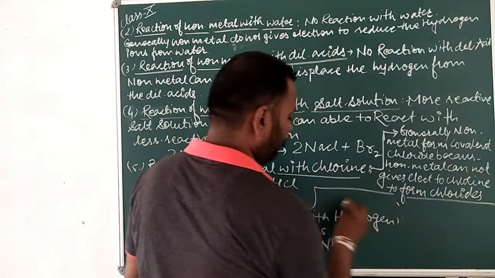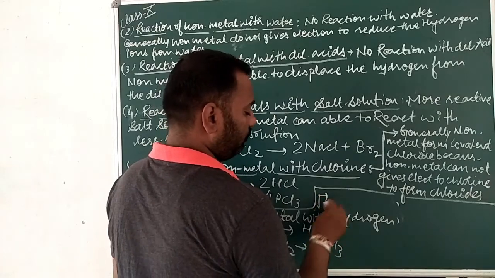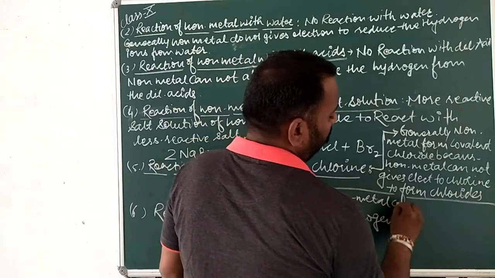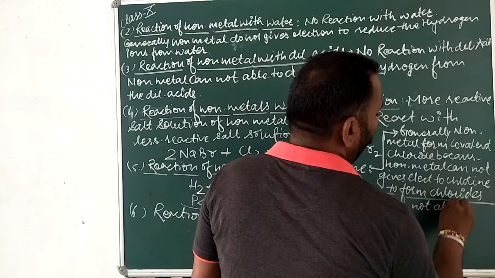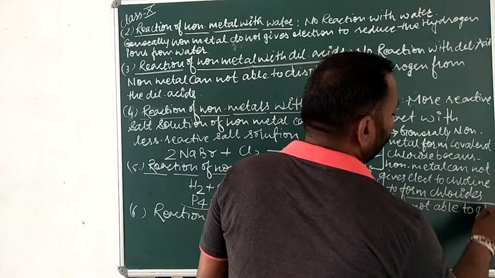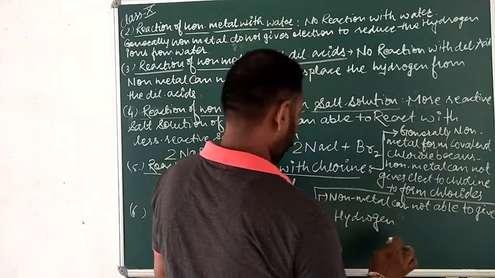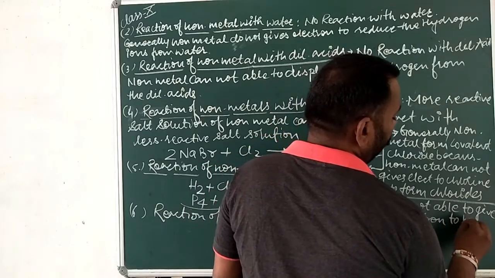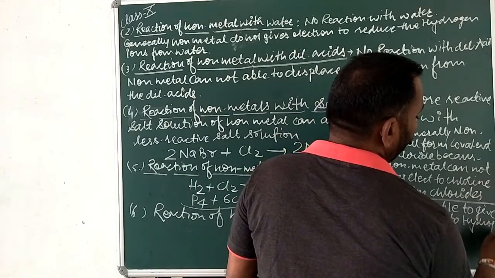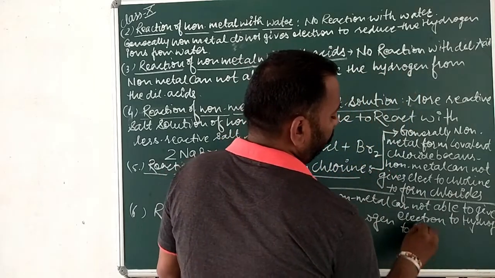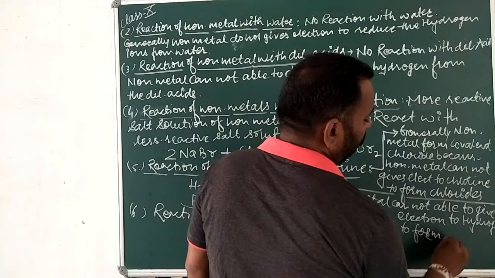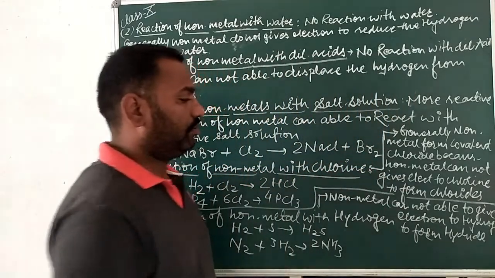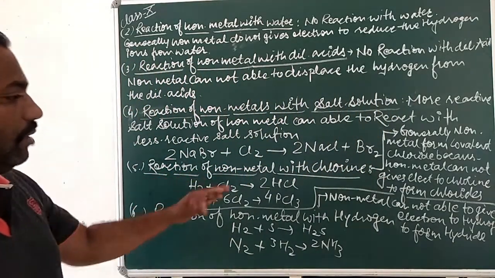So I can write here: non-metals cannot give electrons to hydrogen to form hydride.